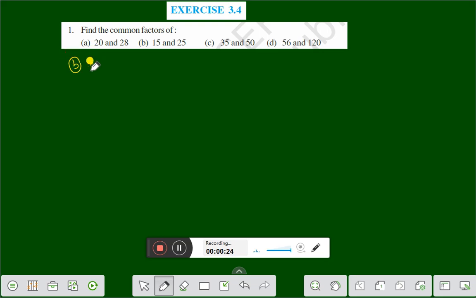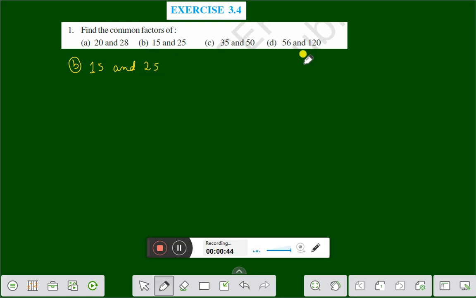This is 15 and 25. First of all, we will find the factors of 15.